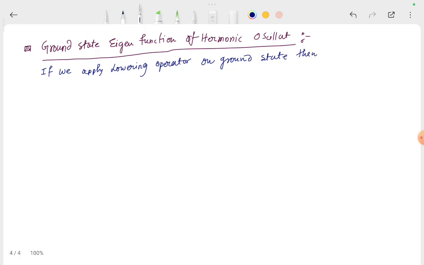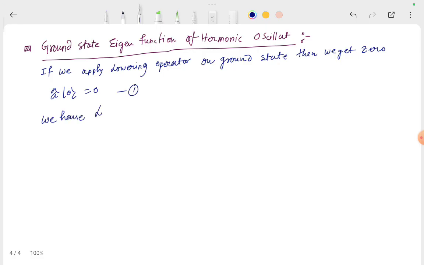If we apply lowering operator, then what can we get? Right, we cannot get a state lower than this. It's obvious, right? So if we apply lowering operator on ground state, then we get definitely 0. So it means a cap acting on 0, we get 0. Okay, so this is equation number 1.